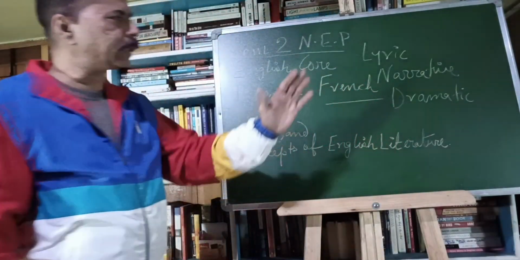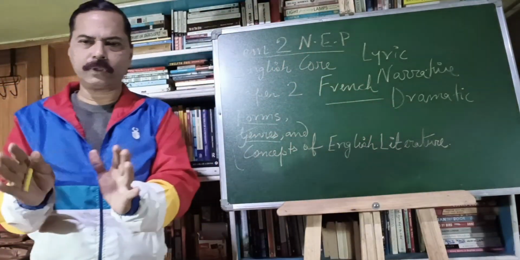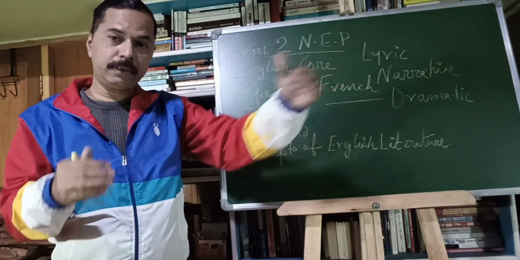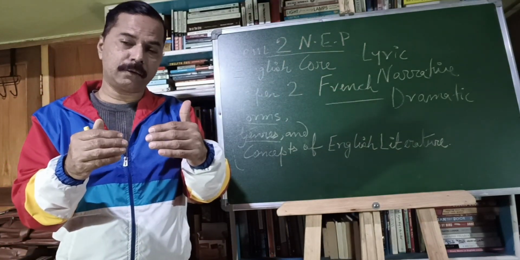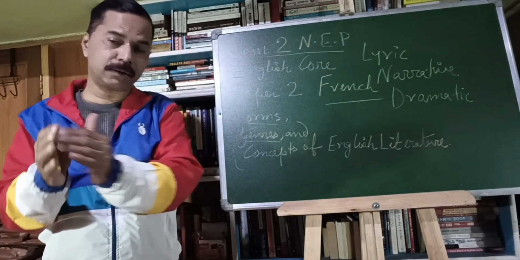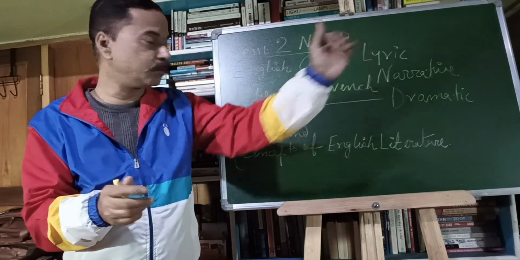So earlier there was a tendency of categorizing literature into these three genres. The lyric is where the utterance wholly is in the first person. The whole is uttered in the first person. That is the lyric genre.